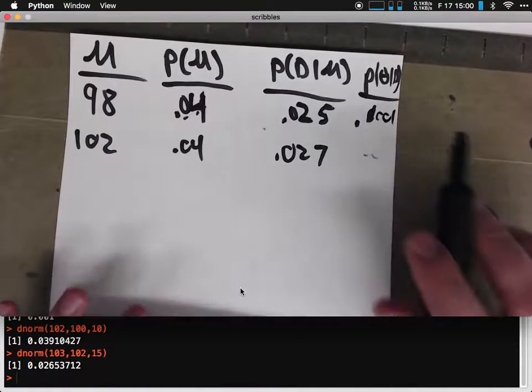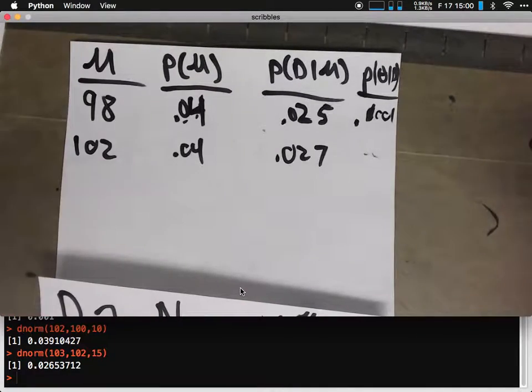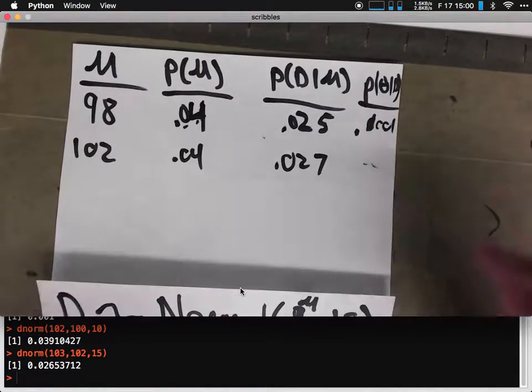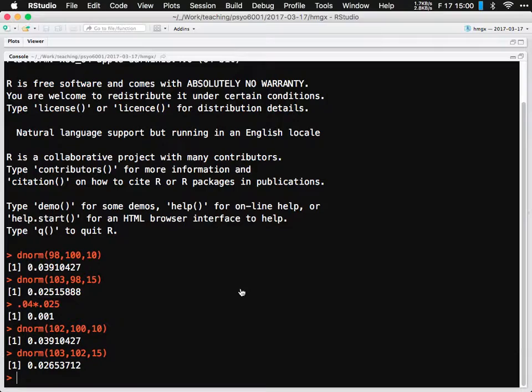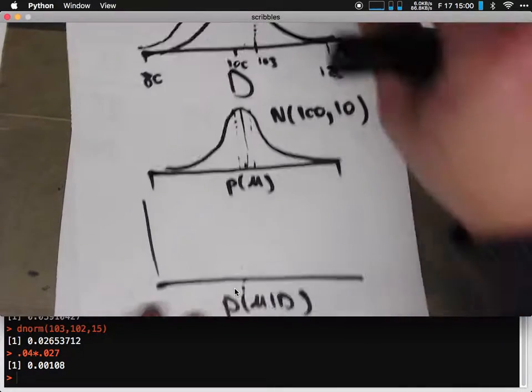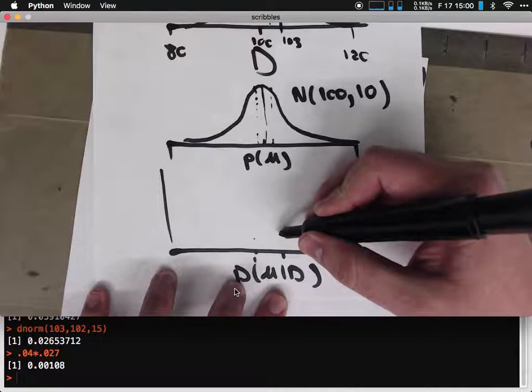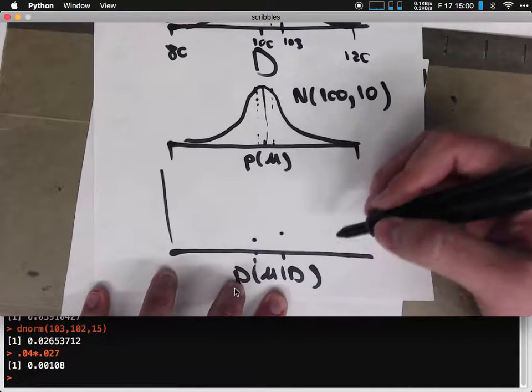So 102 is a little bit more likely, or is more credible as a value than 98. But a value of 102 is going to be slightly higher than this one.